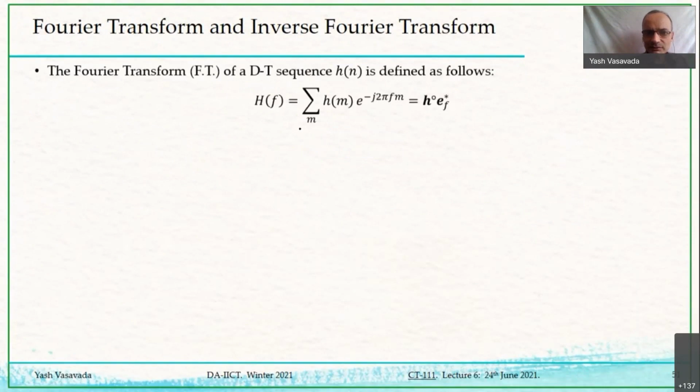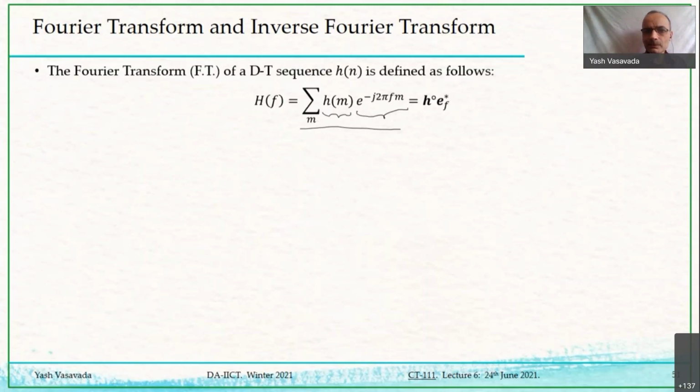The summation is over m, and m can go from minus infinity to infinity, or if h is finite in extent, then only over those values of m over which h is non-zero. This part here is the complex exponential, and this is the actual sequence whose Fourier transform we are taking.